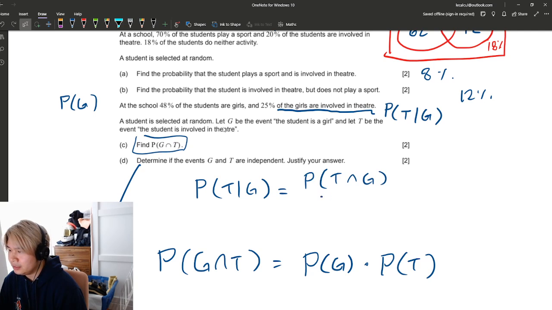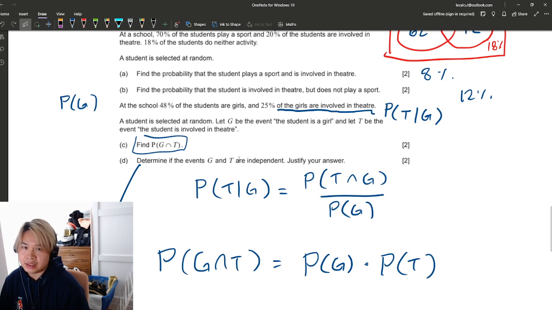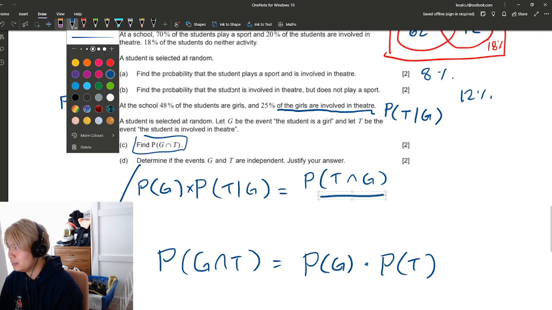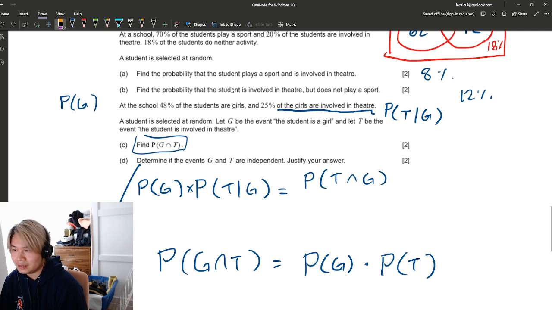And if we were to follow that, it looks like this. And, you know, T intersection G is the same as G intersection T, so we would just multiply this over here. Multiply this over there, right? I keep forgetting I don't have my keyboard plugged in, so I can't just press delete when I select stuff.